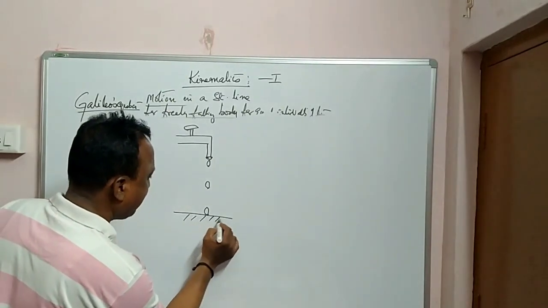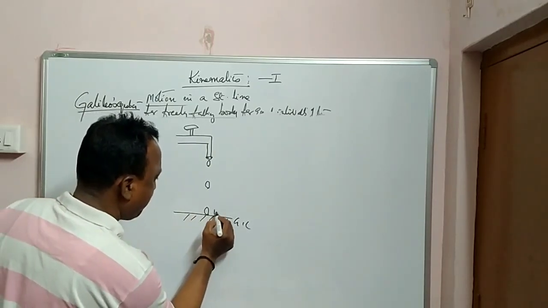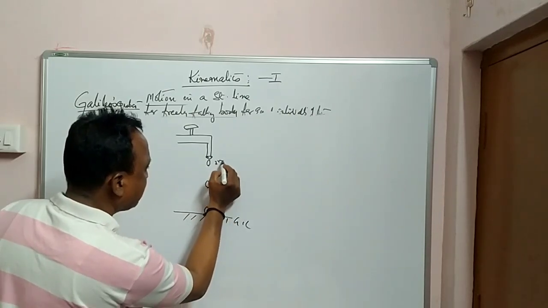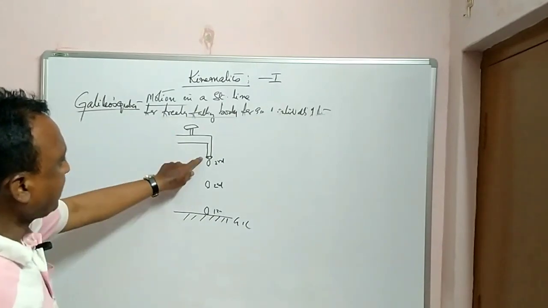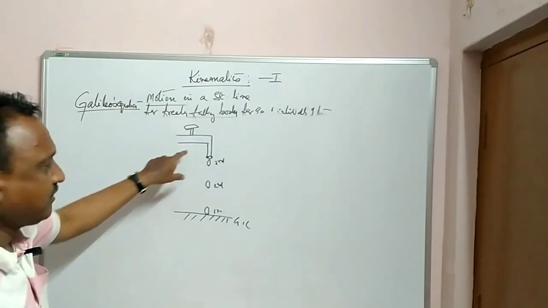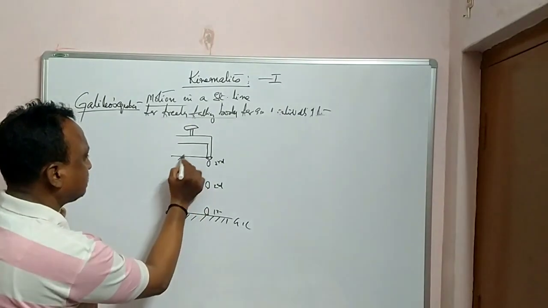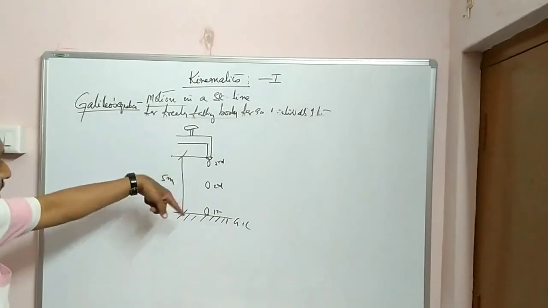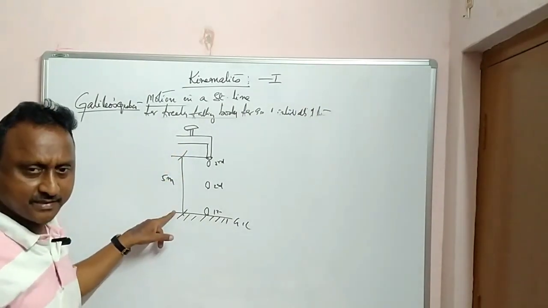This is the ground level. This is the first drop, second drop, this is the third drop. Now the question goes like this. Water droplets are coming out from the tap from a height of 5 meters.